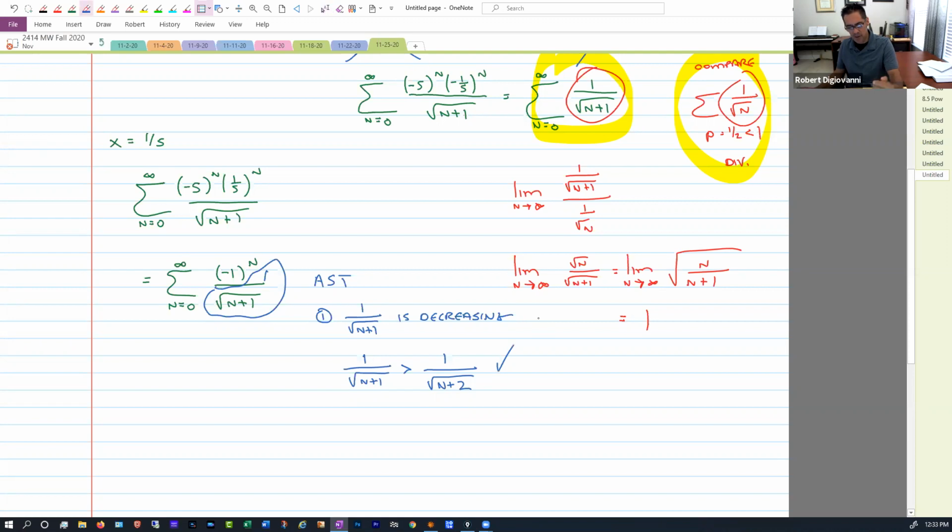I'm happy, that's decreasing. Okay, next thing I have to show is the limit as n goes to infinity of this piece. This thing is 0, and it is. Boom. So we've satisfied the two conditions of the alternating series test, which means that when we plug in x equals 1/5, we get convergence, right? We get convergence, which means we can include this.